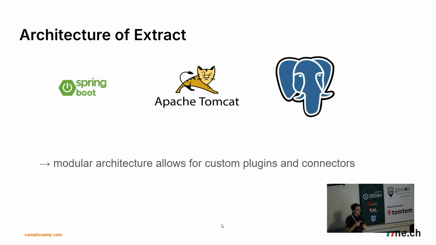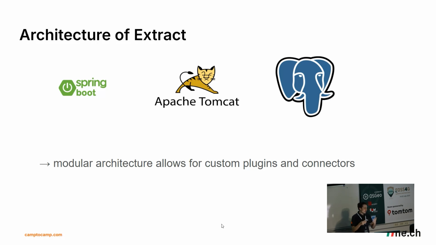Now the architecture of Extract. It's based on Spring Boot, running on an Apache Tomcat, and it uses a Postgres database for the configuration. A good thing for us is also the modular architecture of the treatments, so you can create customized plugins.